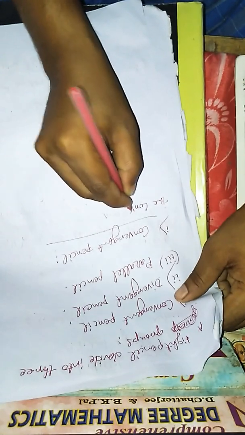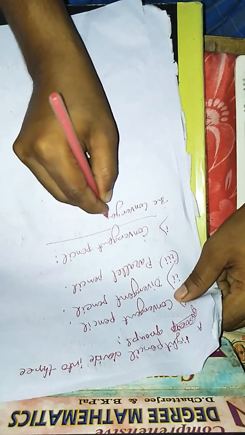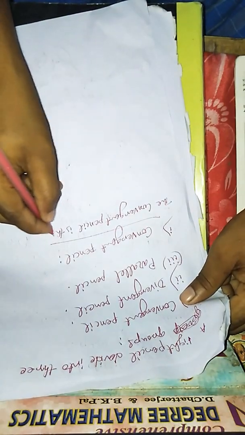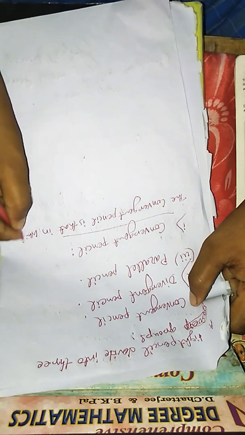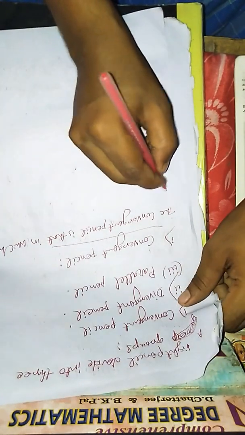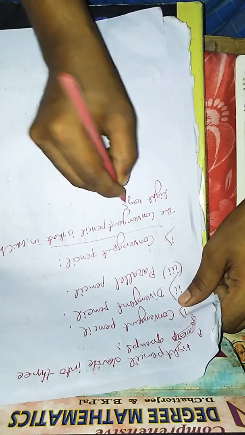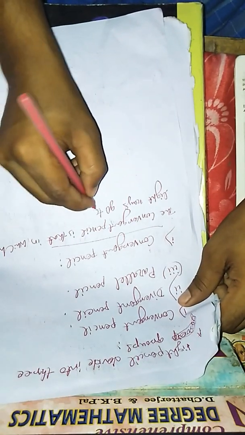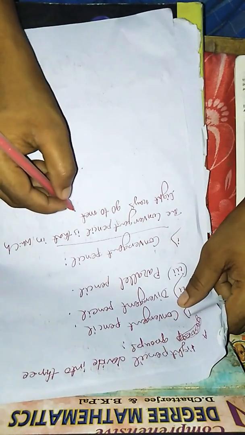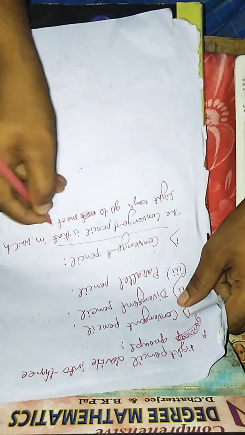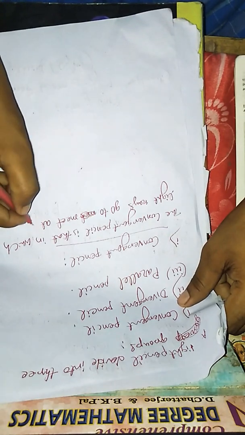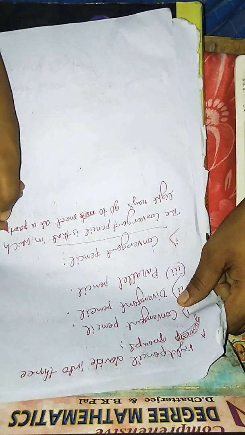The convergent pencil is that in which light rays go to meet at a particular point.